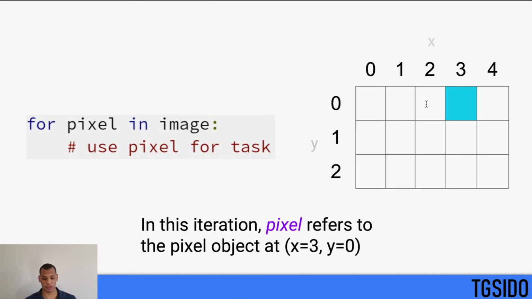Now pixel refers to x is equal to 3 and y is equal to 0. Next, x is equal to 4. And now that it's done with that row, it moves down to the next row, and pixel refers to the pixel object at x is equal to 0 and y is equal to 1. You guys see how that works?